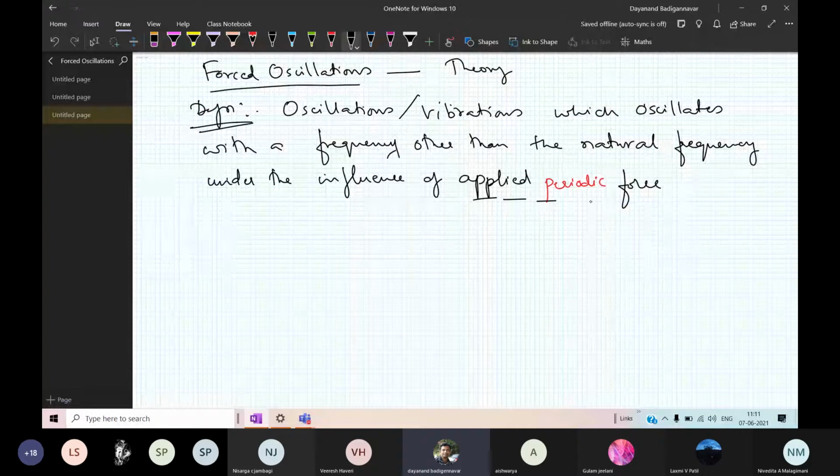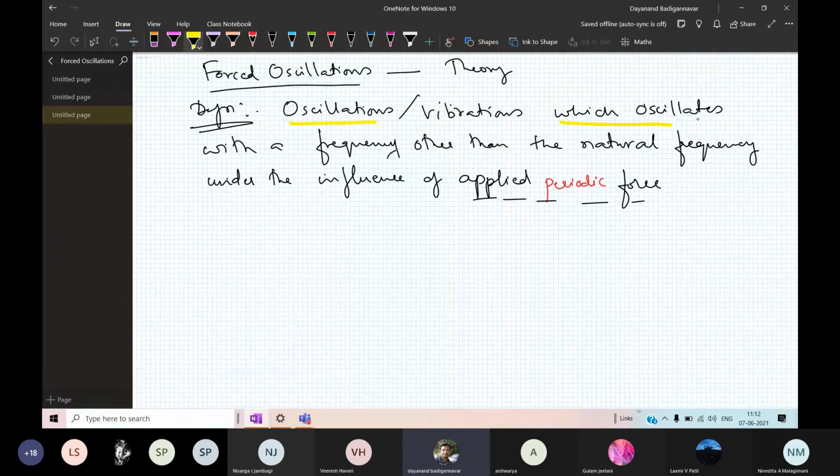Got it. Forced oscillations are a type of oscillations in which the body oscillates with a frequency other than its own natural frequency.